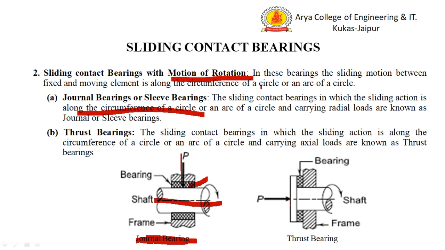In thrust bearing, the load is along the axis of the shaft and sliding takes place along the circumference of this shaft.